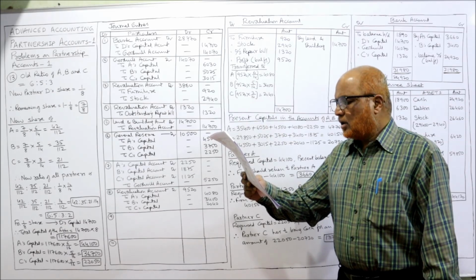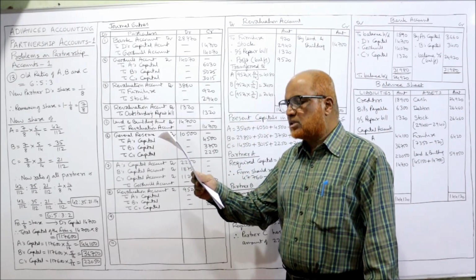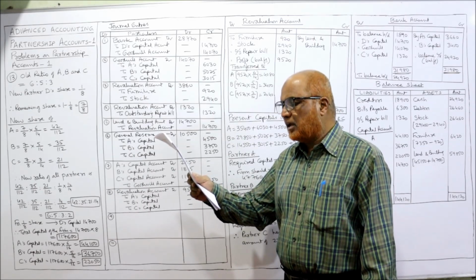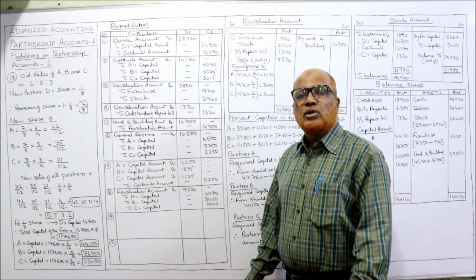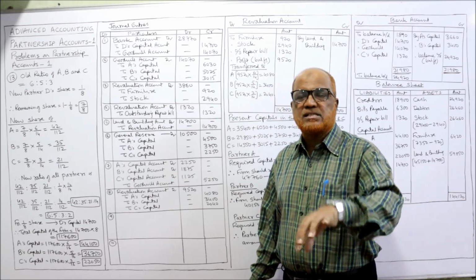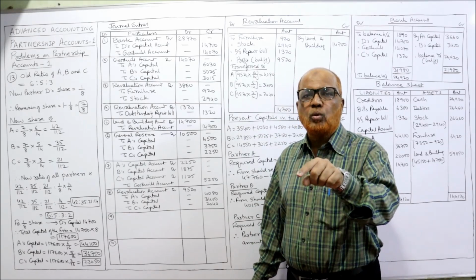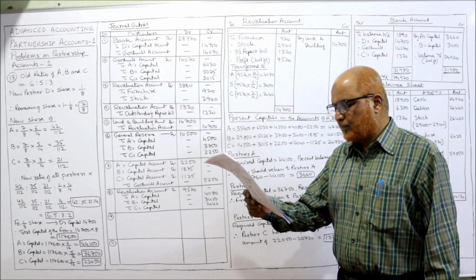Now D should bring in 14,070 as his share of goodwill and 14,700 as his capital. So the new partner is bringing in cash for goodwill as well as capital. And this goodwill will be shared by the old partners in the old profit sharing ratio.